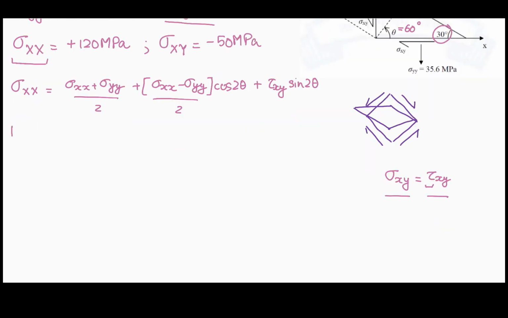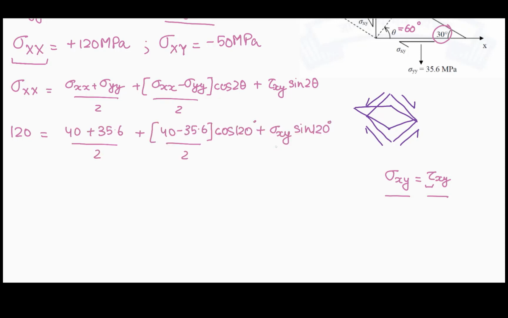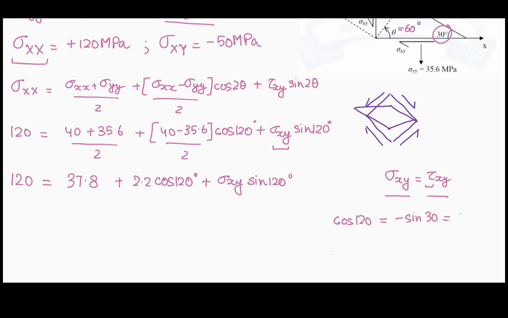Upon substitution, we get 120 is equal to this, and again it should be kept in mind that sigma xy and tau xy are but the same stresses. On simplification, we can see that further we know that cos of 120 is nothing but minus sine of 30, which is nothing but minus half.